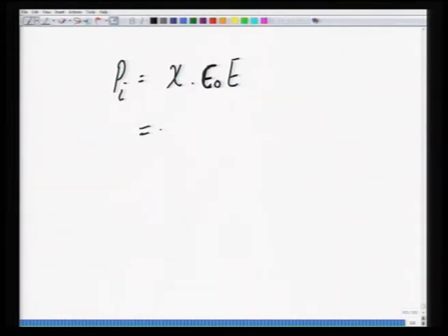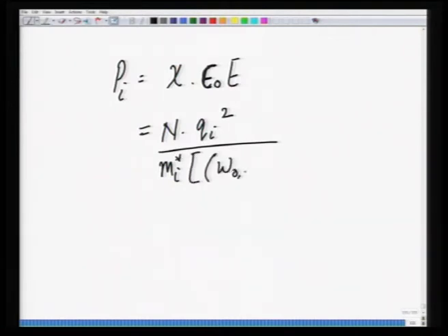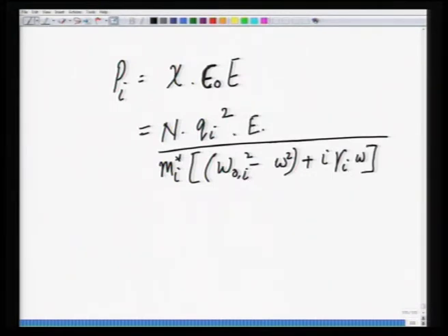Now, if you do that, polarization was equal to n q I square divided by m I star into omega naught I square minus omega square plus I gamma I omega into E, which is E naught exponential I omega t.